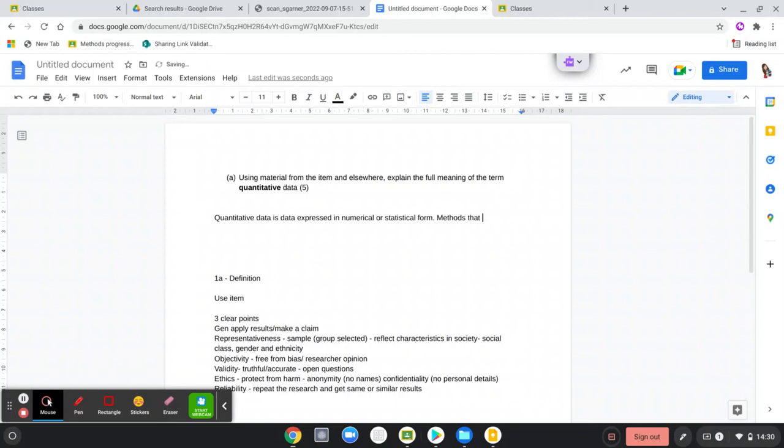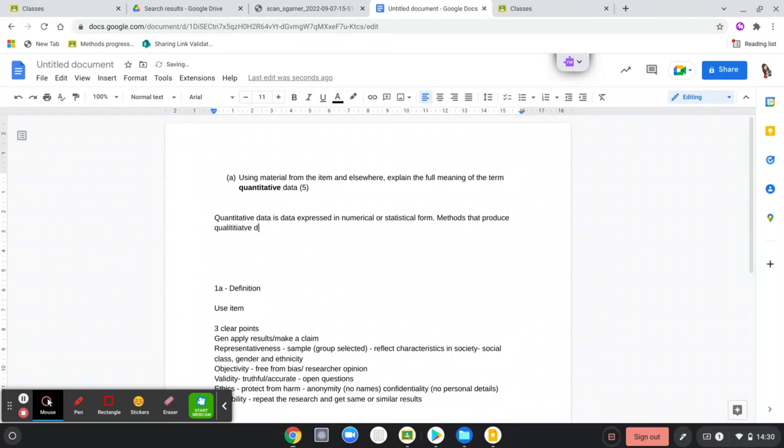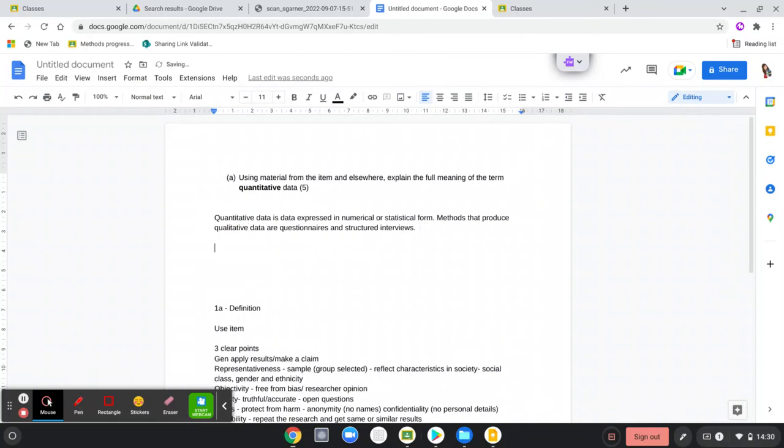Methods that produce quantitative data are questionnaires and structured interviews. Okay. Given a definition, and I've given some examples. That, I think, would get me 1 mark. The definition mark is what I've just got there.